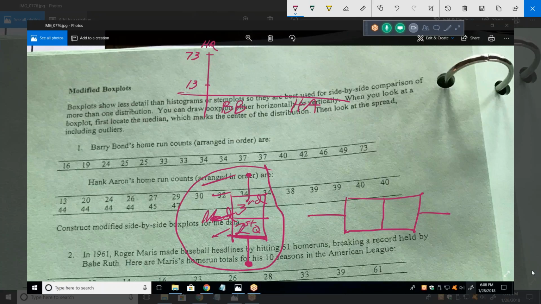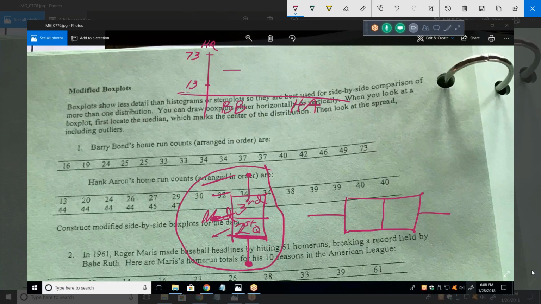The median is 34. There's 16 entries, so it's halfway between the 8th and 9th. So 34 is the median.